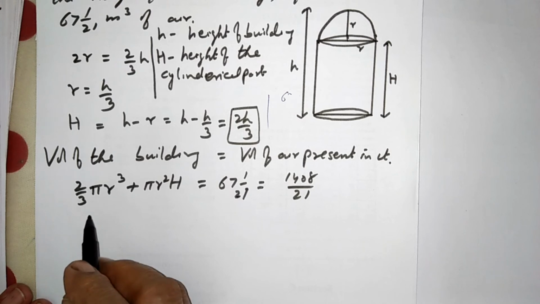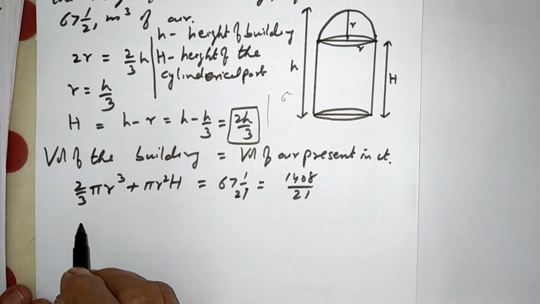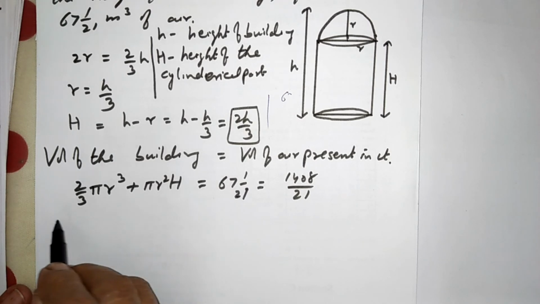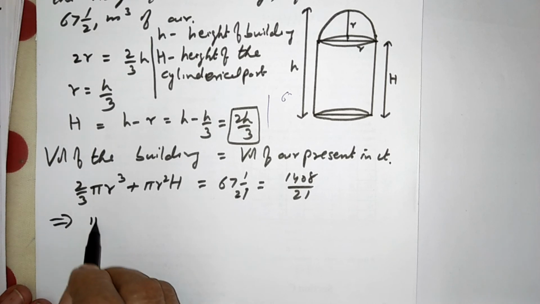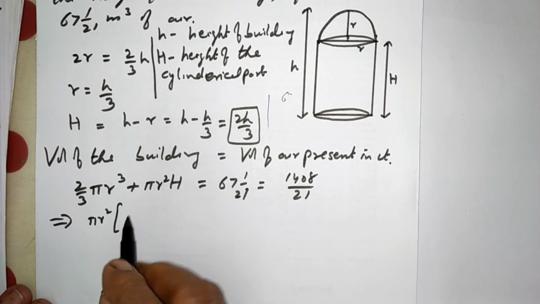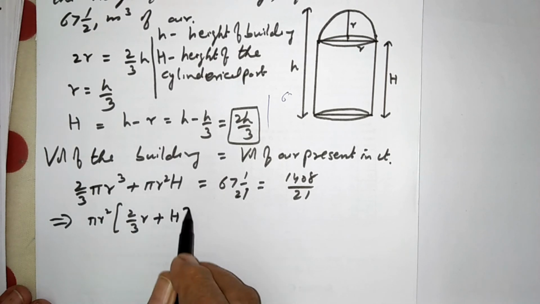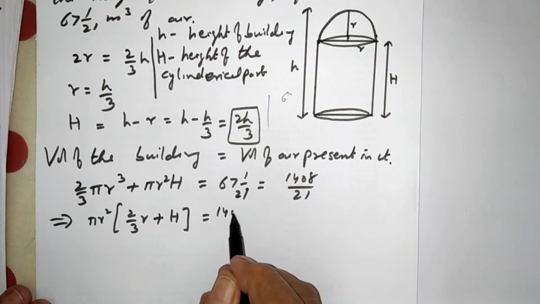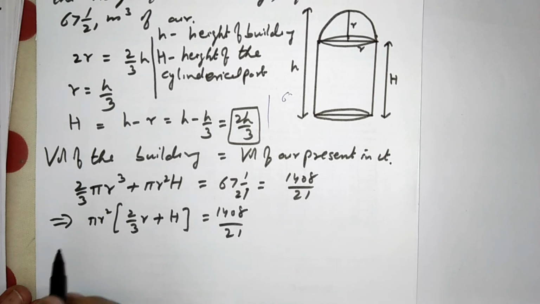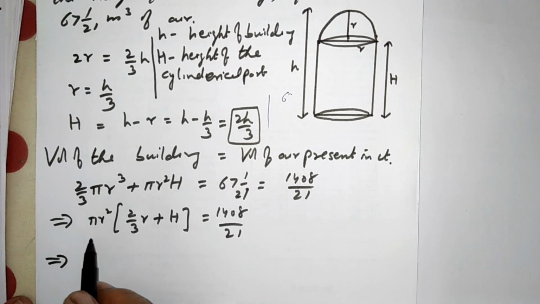You can take pi r square common. Pi r square, it is 2 by 3 r plus capital H, equal to 1408 upon 21. Pi is 22 by 7.